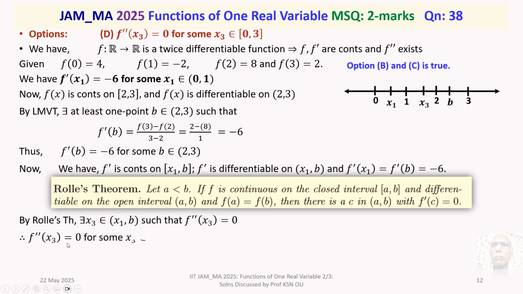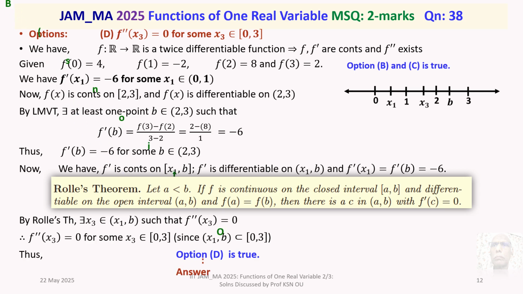Therefore, f double prime x3 is 0 for some x3 belongs to the open interval (0, 3), because the open interval (x1, b) is contained in (0, 3). Thus option D is also true. Summarizing all the options, the answer to this question is options B, C and D.